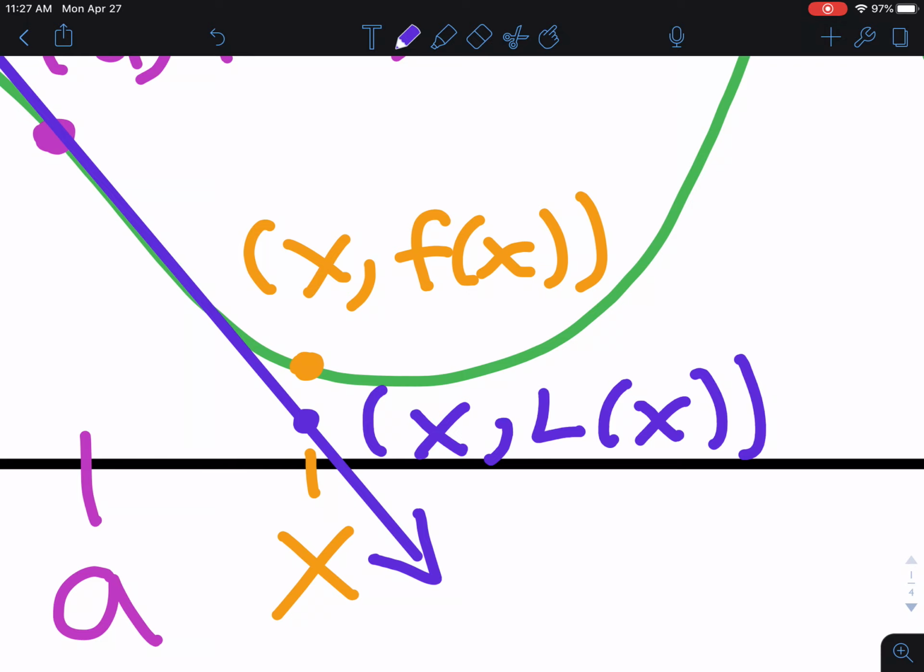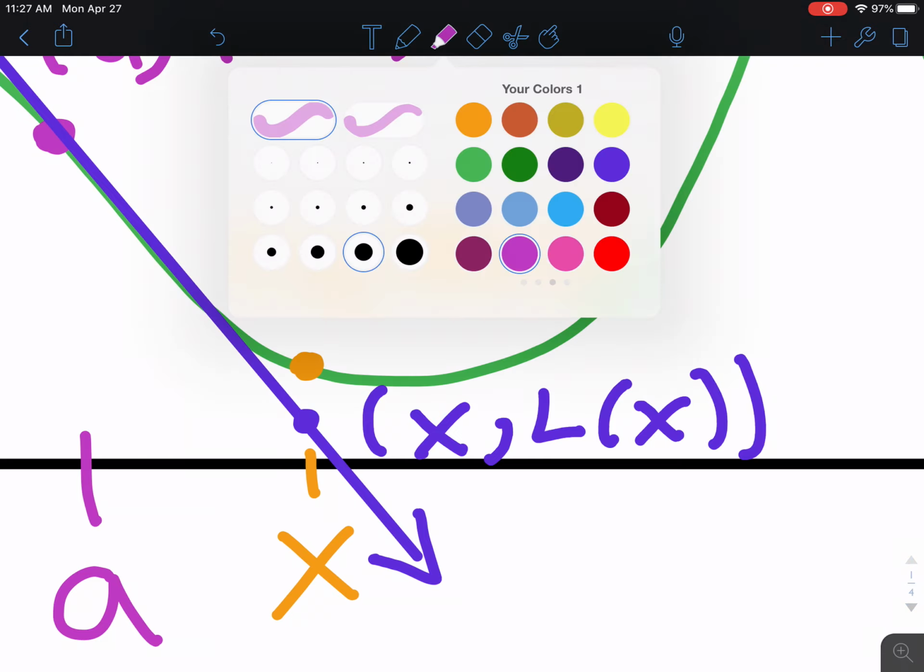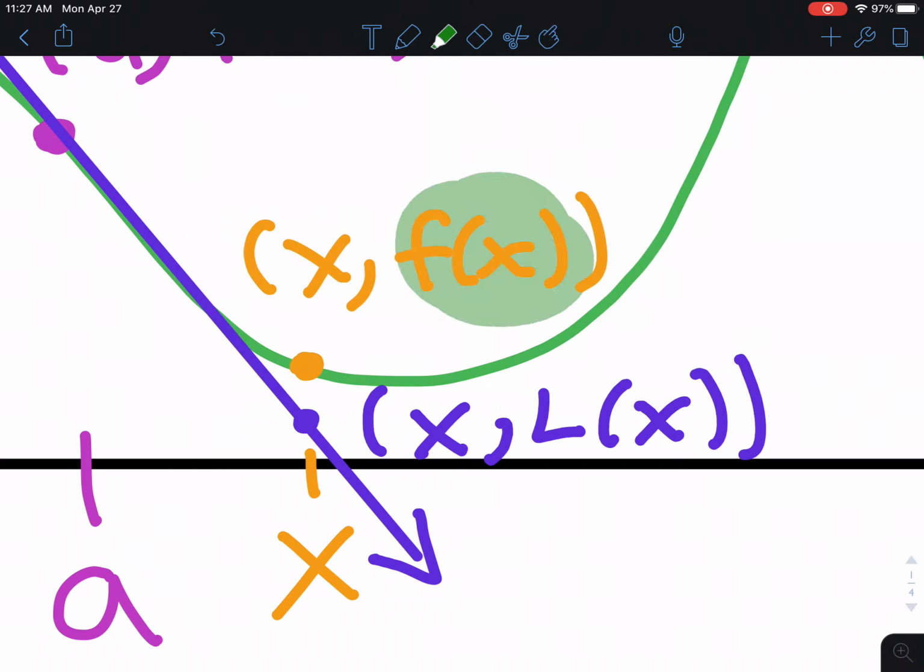So we're taking some x value that normally I would plug into f of x, but instead, I'm going to plug it into the nearby tangent line.